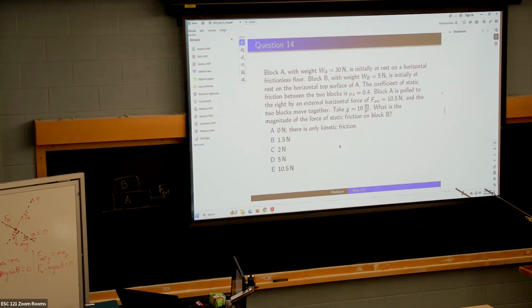But the normal force like that is also there. Yeah, that makes two forces.